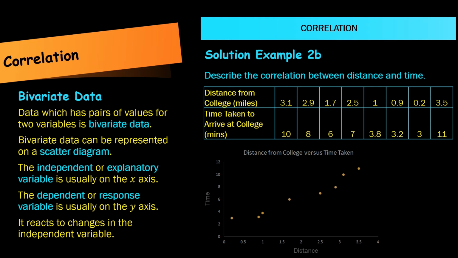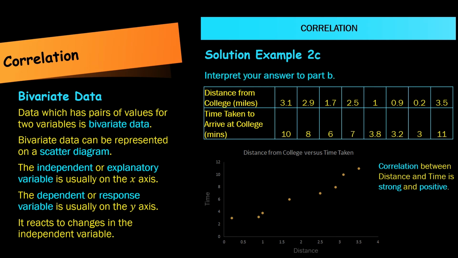Notice that the points on the scatter diagram seem to be following a pattern close to a straight line. As one variable is increasing, the other variable is increasing also. So we would say that the correlation between distance and time is strong and positive.